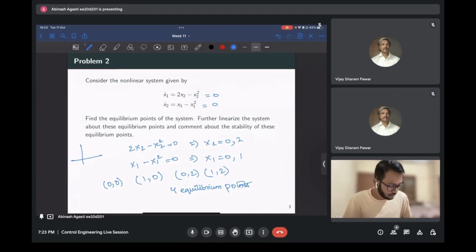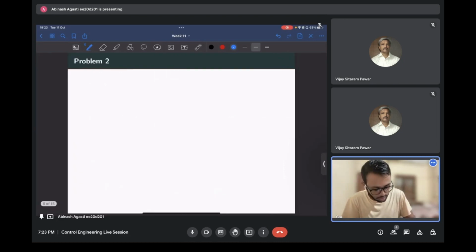Yeah. So now what we want to do is linearize the system about these points and comment on their stability. So for linearizing the system, x1 dot is equal to x2 minus x2 square and x2 dot equal to x1 minus x1 square. So we want to find out the Jacobian, right? So J is equal to, this is F1, this is F2.